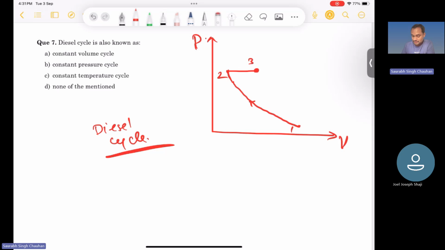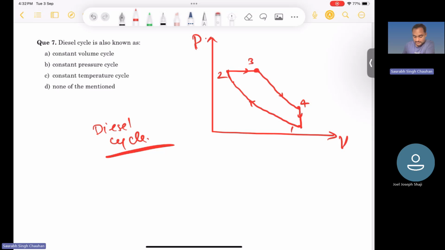Then there will be the power stroke, that is basically isentropic expansion. Then we have constant volume heat rejection, or the exhaust stroke. Sorry, it is 4.